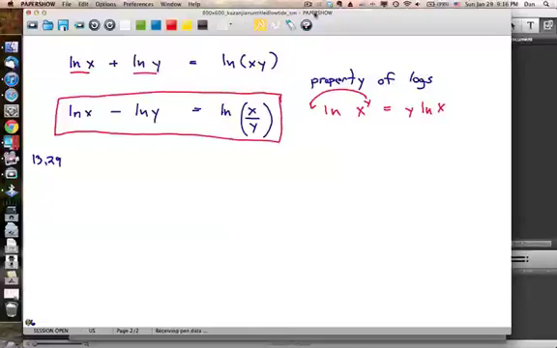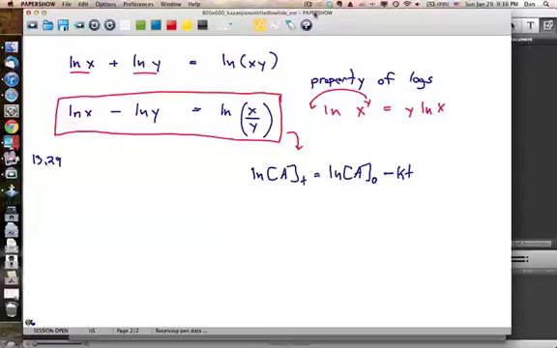A lot of this stems from our first order rate law. Remember, our integrated rate law for first order is that the natural log of a concentration at some time is equal to the natural log of that concentration at time 0 minus kt.